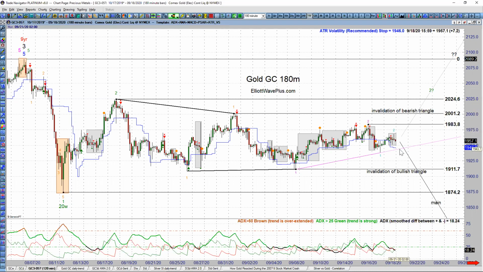In order to do that, we'd probably be breaking this pink channel. That would be the earliest you'd want to count on something like that. If it moves above this line before it moves below this line, then we very well could be breaking to the upside out of the triangle.